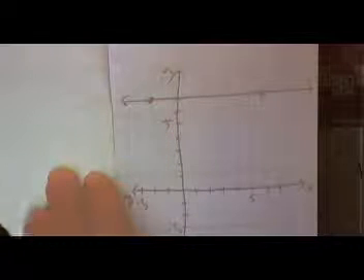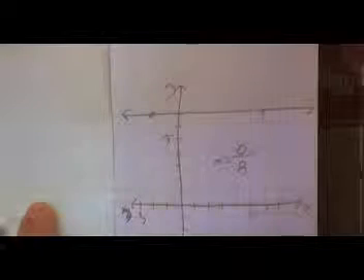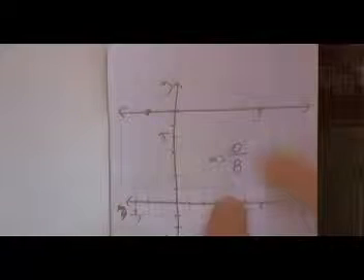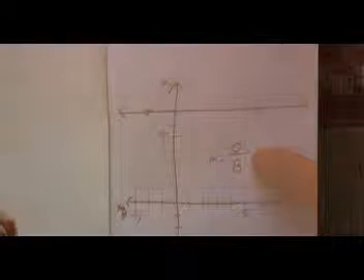If you really wanted to get tricky, you could say my slope goes up 0 and over 8. You could say your slope is 0 divided by 8, but let's think for a second.